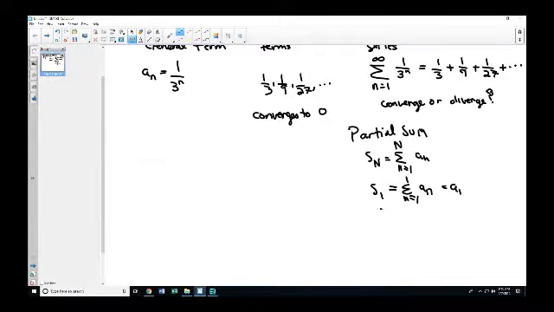What would the second be? From 1 to 2. So you have A1 plus A2, right? The third would be A1, A2, and A3. The fourth, right? So those are called partial sums.